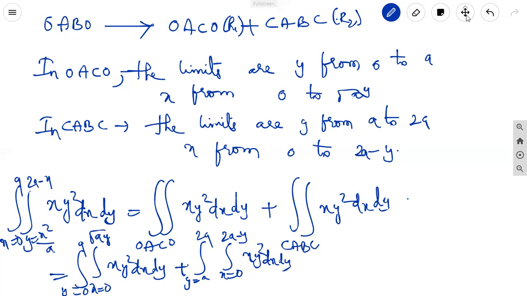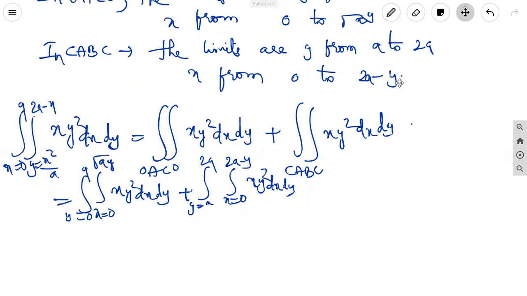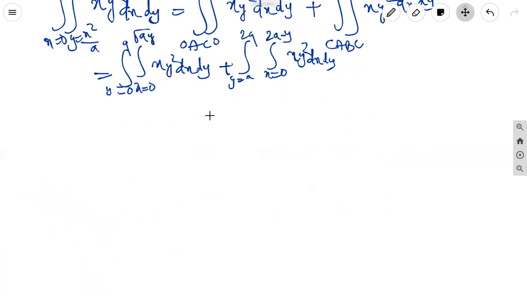Now integrate. First, we integrate with respect to x, because the x expression is in the y variable.